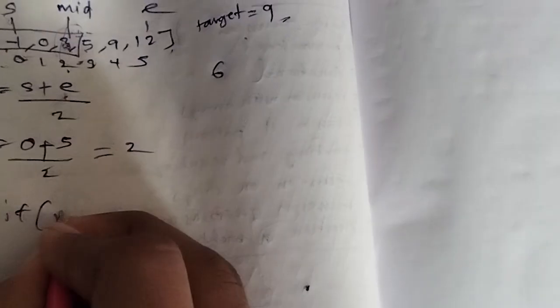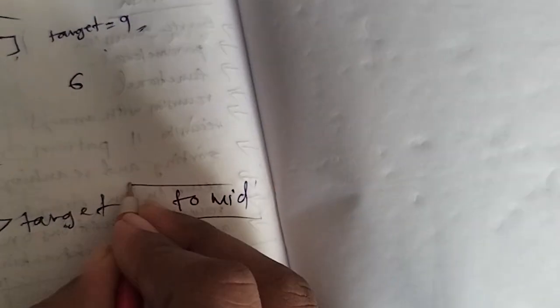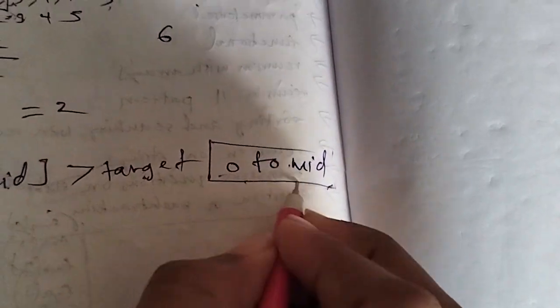If a of mid is exceeding the target, then we will search below, from 0 to that mid. Why do we search from 0 to mid? If it is already exceeding, then we will be getting the desired element within this range.